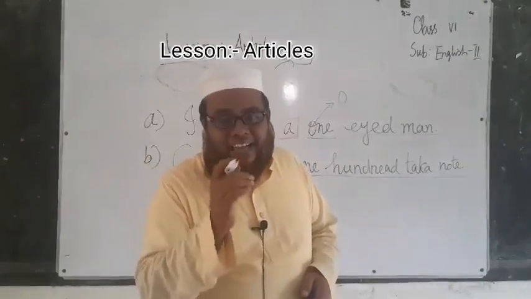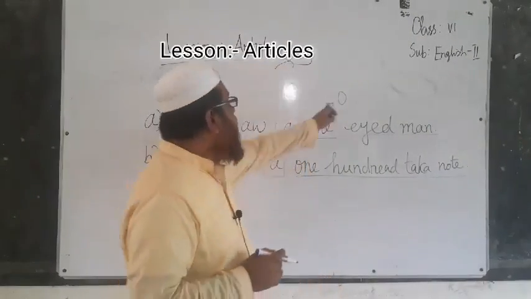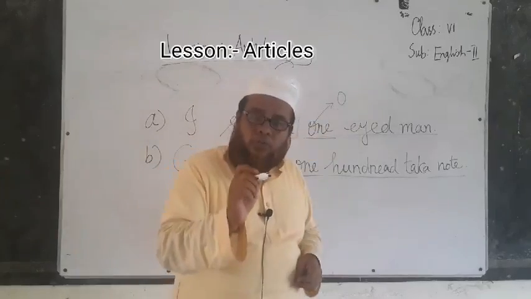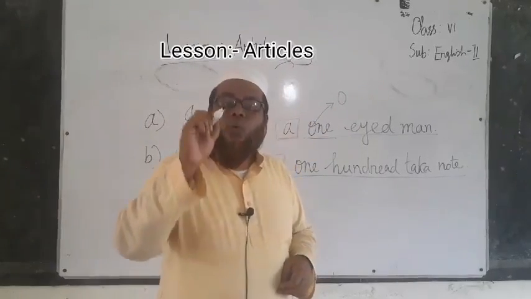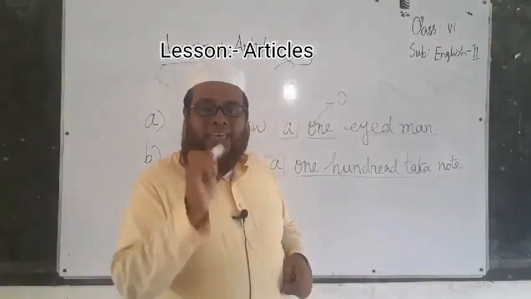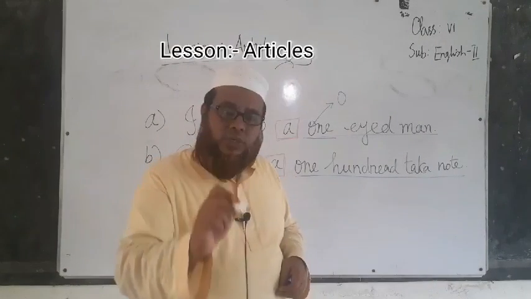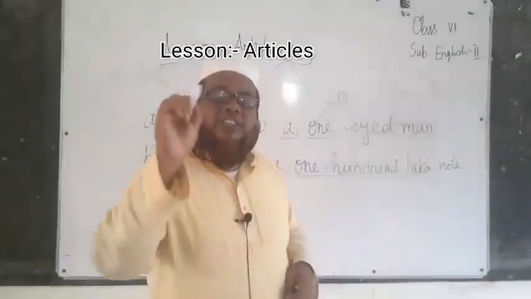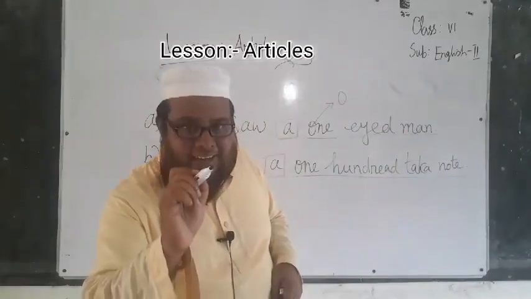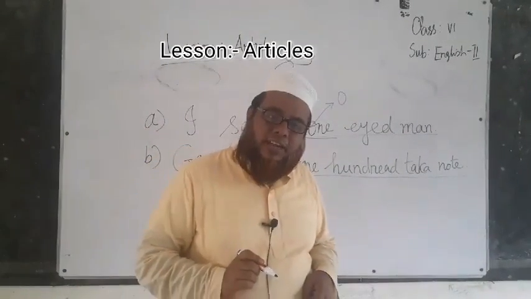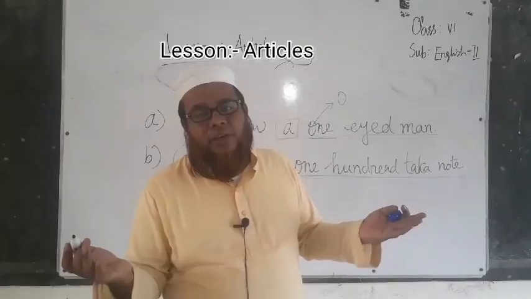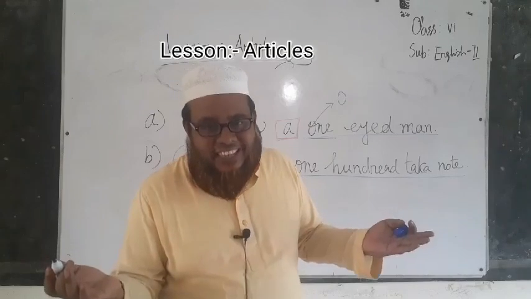The answer is that if 'O' is pronounced like 'wo', we have to use 'a' in this situation instead of 'an'. Okay, my dear student, this is a simple rule of using the indefinite article.